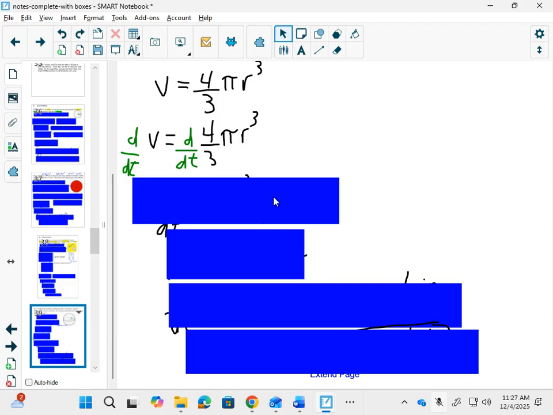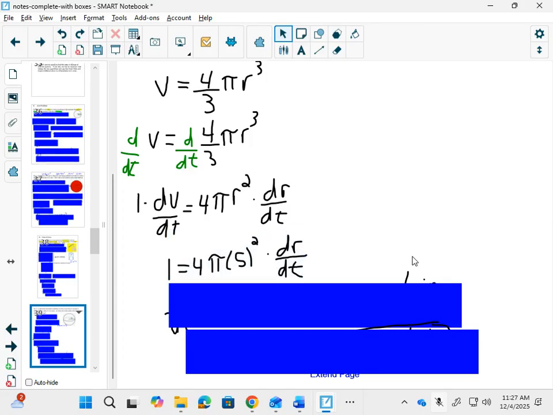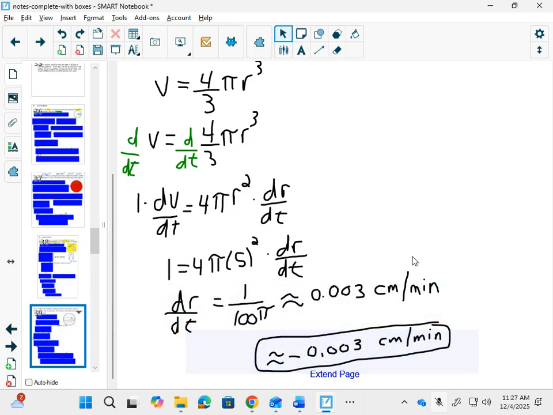If you're not done, don't look, but if you are done, check. Did you get it right? And then you just plug in everything that you know and can solve.